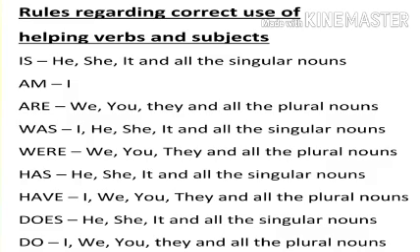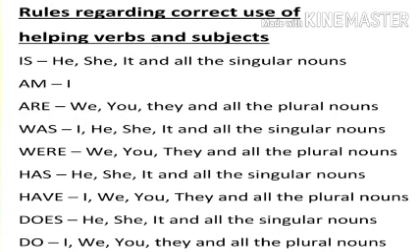Am is used with I. When the subjects are we, you, they and all the plural nouns, we use are as helping verb. Was is the helping verb which is used when the subjects are I, he, she, it and all the singular nouns. Were is the helping verb which is used when the subjects are we, you, they and all the plural nouns.